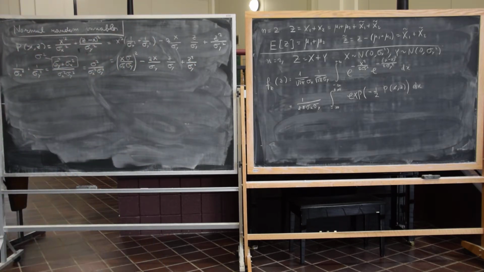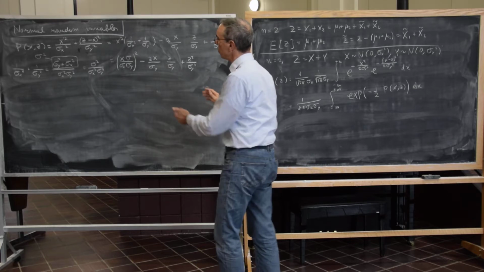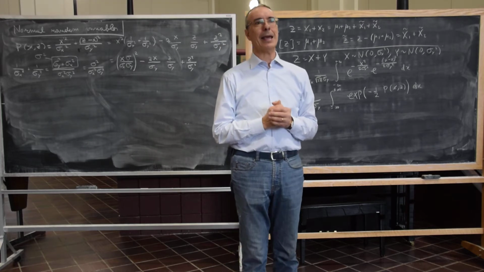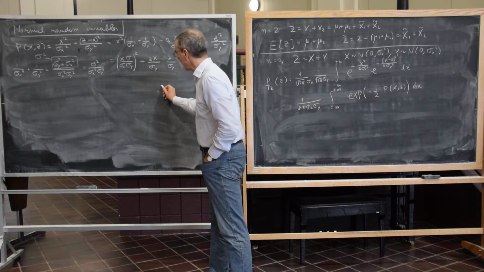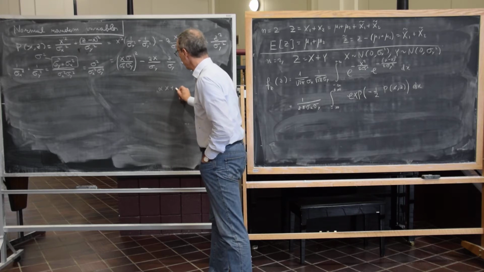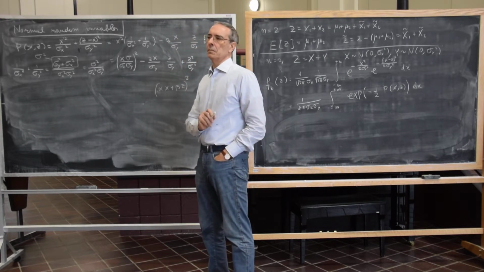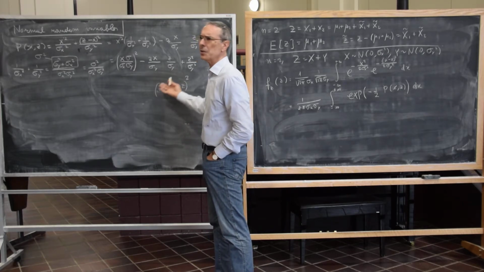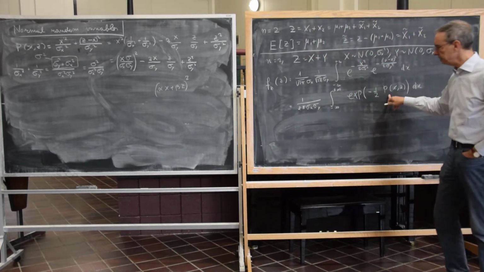Now, what is the idea? The idea is the following. You would like to write here a perfect square in x. You would like to have something like alpha x plus beta z, squared. Why do you want to do that? The reason is that this polynomial appears here.